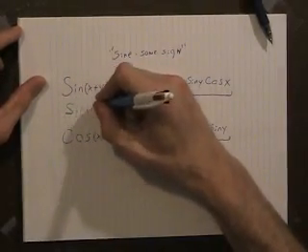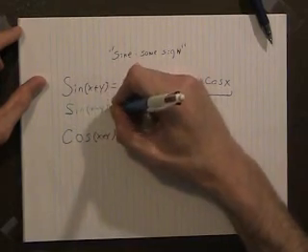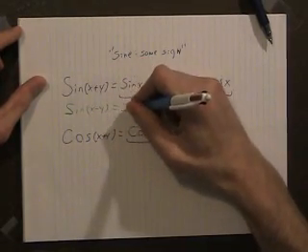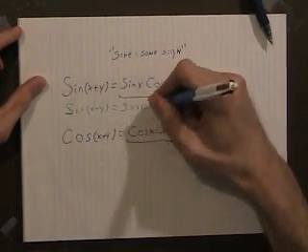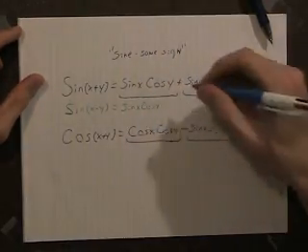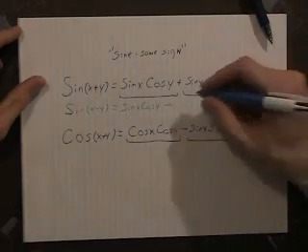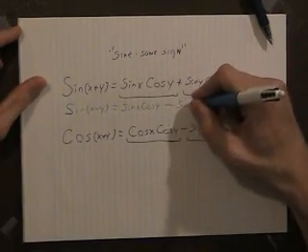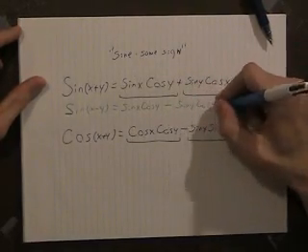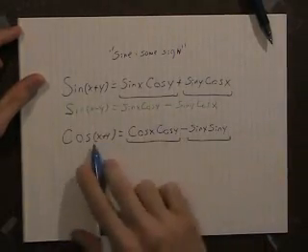If you wanted to do sine of x minus y, that's going to be sine x cosine y. I know because it can't have cos, cos, or sine, sine. Minus because sine has the same sign. Sine y cosine x.